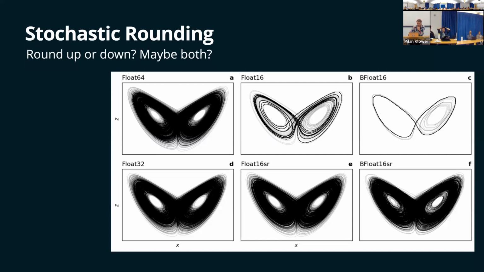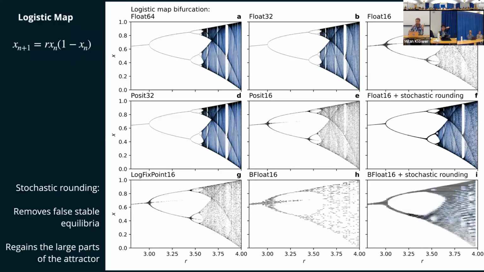And this is where we got quite excited, because if it's well implemented on the chip, it might be a fairly cheap way to effectively regain precision just by adding some stochasticity. Which in weather and climate we're a bit excited about anyway.